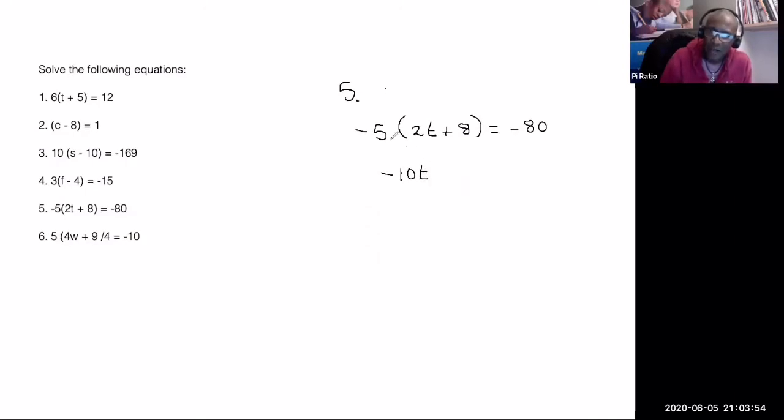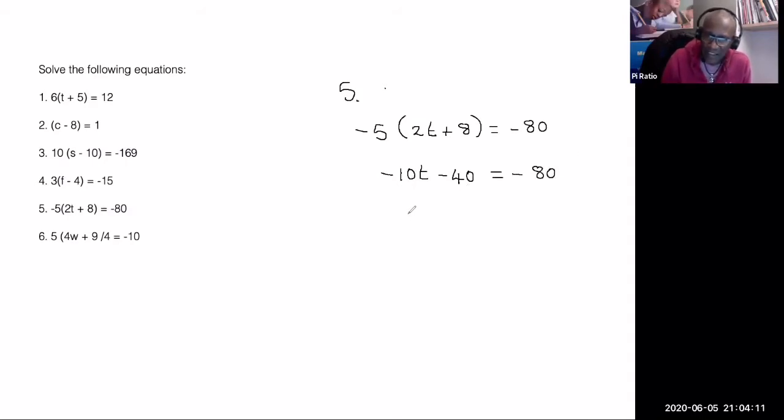And then minus 5 times 8 gives you minus 40, which is equal to minus 80. Alrighty? So that's where we are at the moment.